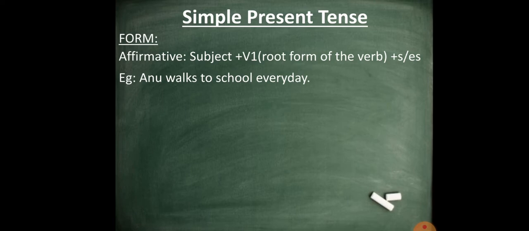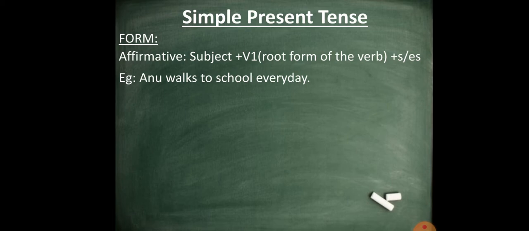Here, children, we need to remember that when the subject of the sentence is singular, like he, she, it, and with other singular subjects, we add S or ES to the verb. Second point that we need to remember is when the subject is plural, that is we or they, or with other plural subjects, we do not add S or ES to the verb.